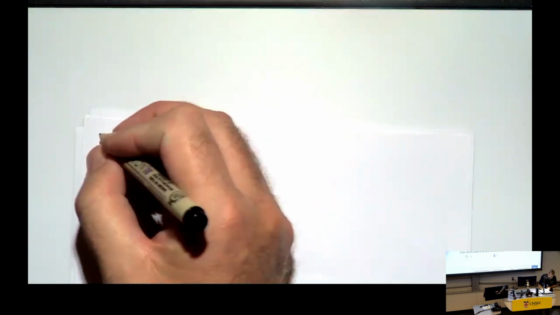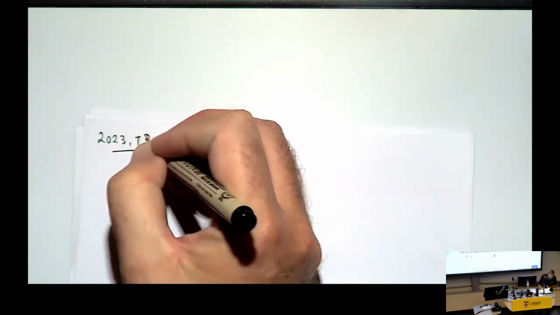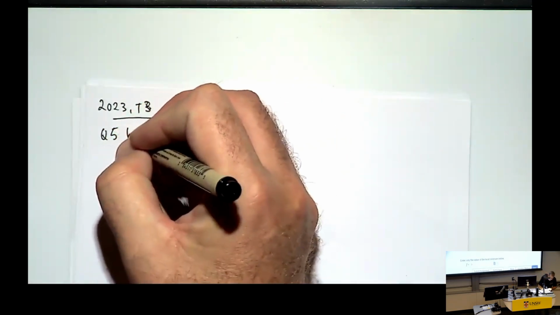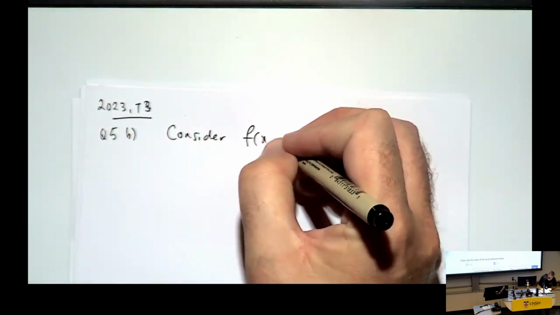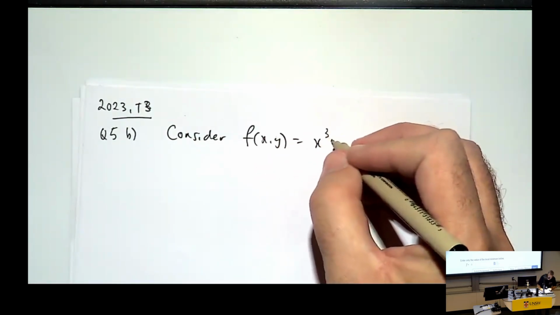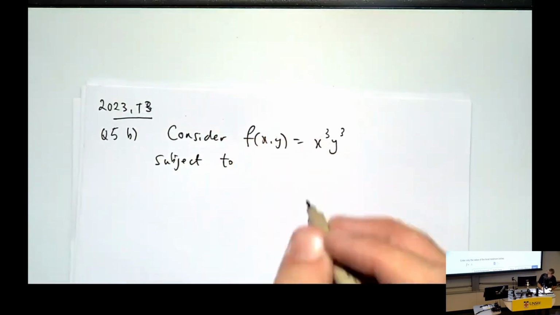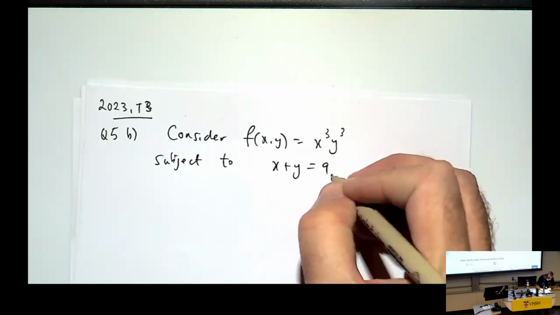So this is 2023, T3, and the question is, I don't know what question it is. Let me have a look. Question 5, part B. x plus y equals 9, okay?